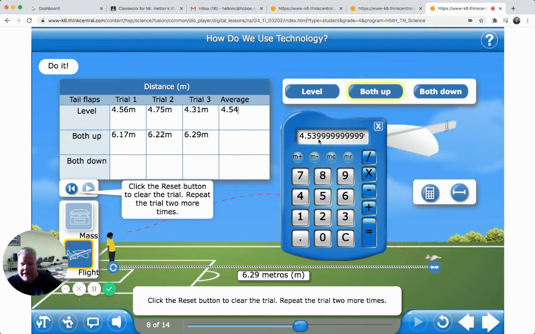Now later on in math, we will learn we don't say 4.54, we say 4 and 54 hundredths. But you don't know that yet, so we'll learn it later.